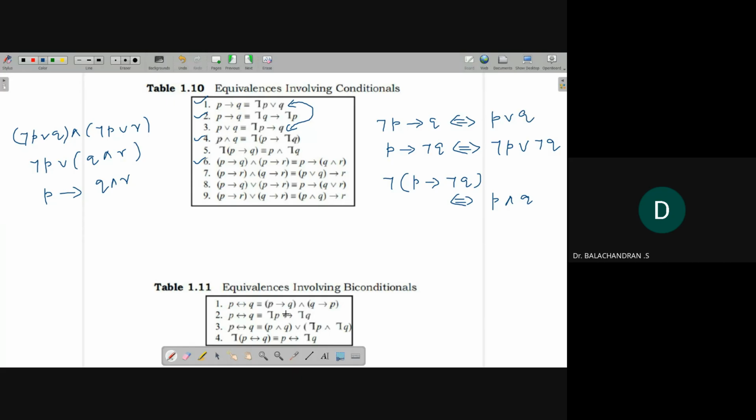Using a truth table you can get it, but using identities you can try, though I don't know.